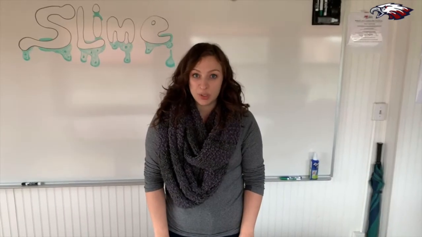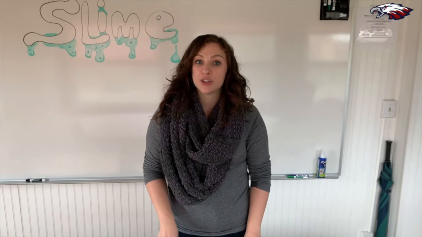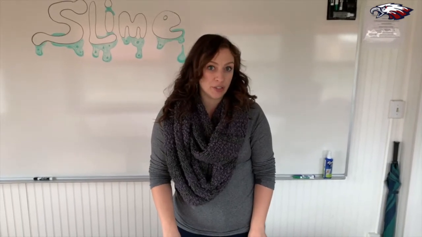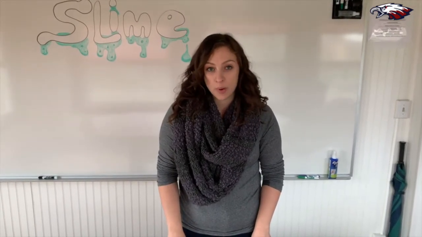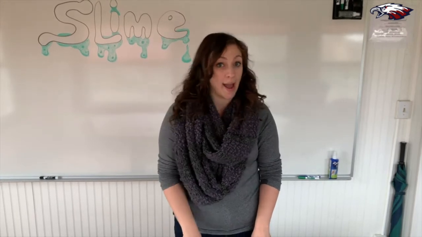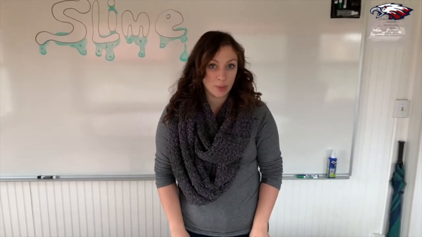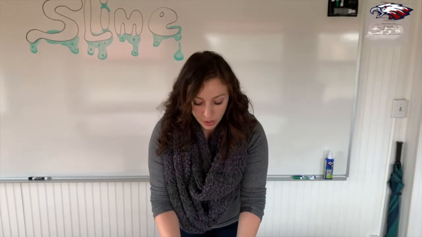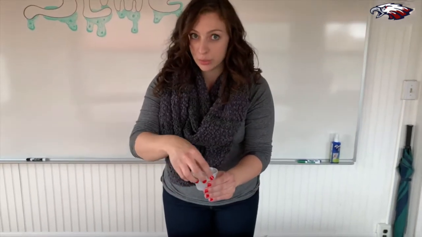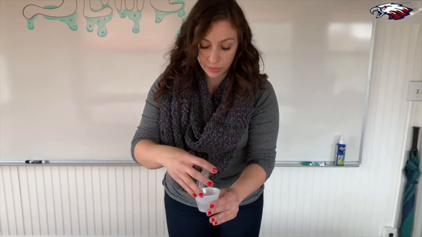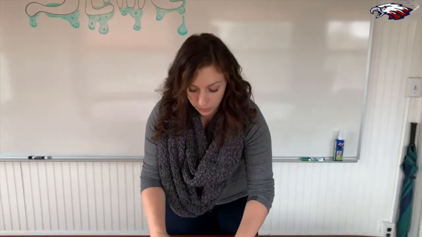All right, so step 2 is adding your scent, your glitter, and your food coloring to your slime. There are going to be helpers walking around to help you do this, so they're going to add it to your slime. You'll just need to communicate which you want. So you're going to open the lid to your glue. Be very careful not to spill your glue, because it'll be a big mess if you tip it over.